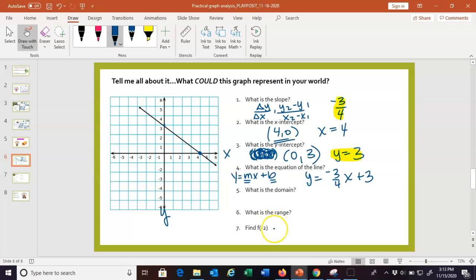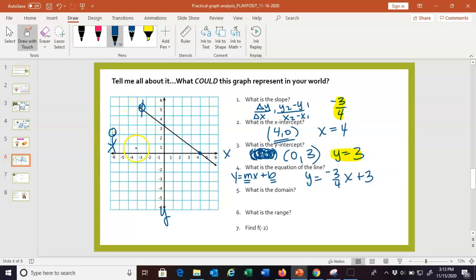What is the domain? So this is what we finished up in our last class, actually in the playposit that you guys did the last time. So the domain are the x values. So we're going to take a walk along the x-axis from left to right, just like you read a book. And you have to say, where do I hit that graph first? And some of us might say right here.